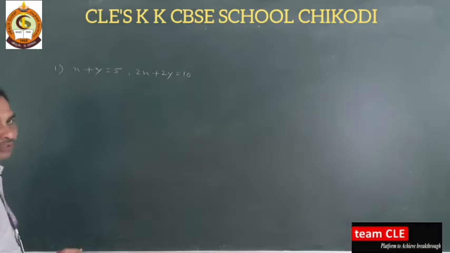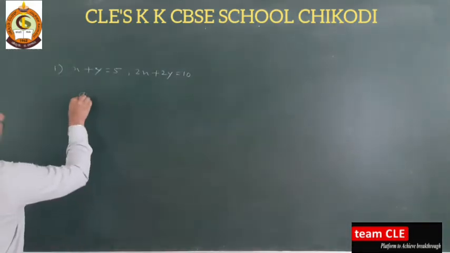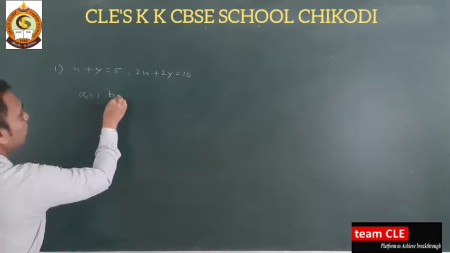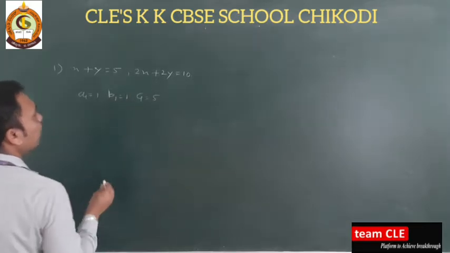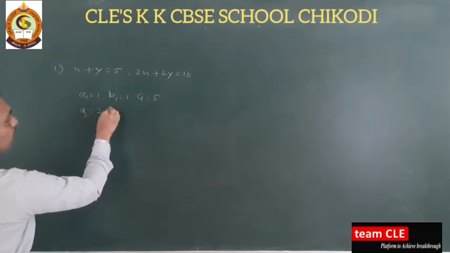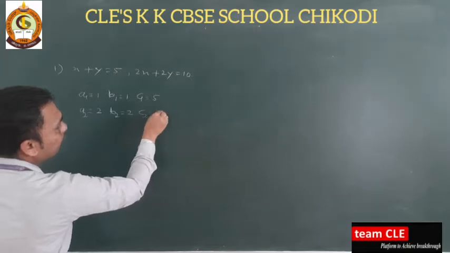So first of all we need to check whether this is consistent or inconsistent. We know it very well. So A1 we have 1, B1 we have again 1, C1 we have 5. Okay. Now A2 we have 2, B2 we have 2 again, and C2 we have 10.